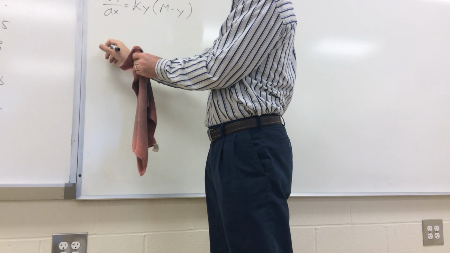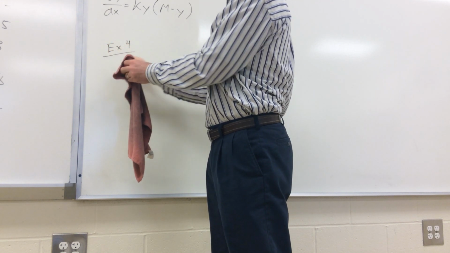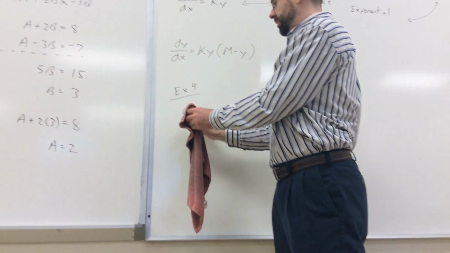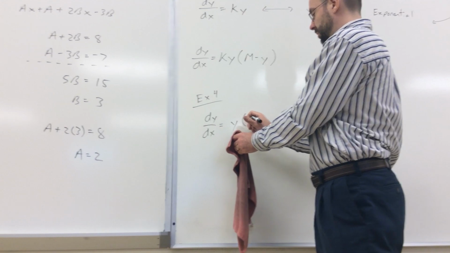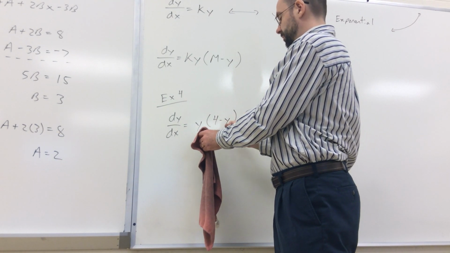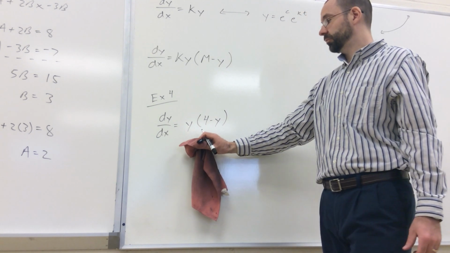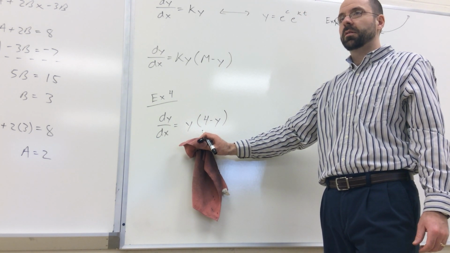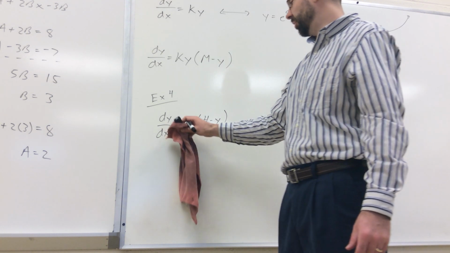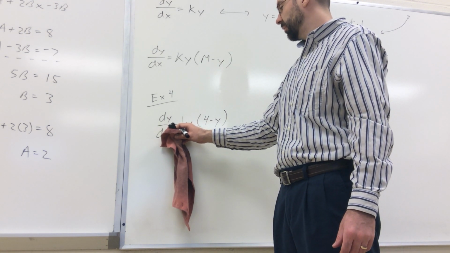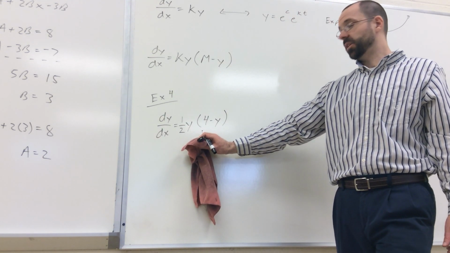Okay, but before we get there, we're going to look at one specific example. So dy/dx equals y times 4 minus y. You know what? I want to put a 1/2 here. 1/2 y times 4 minus y.